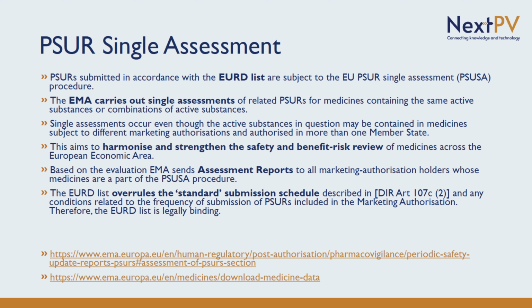This process aims to harmonize and strengthen the safety and benefit-risk review of medicines across the European Economic Area. Based on the evaluation, the EMA sends assessment reports to all marketing authorization holders whose medicines are part of the PSUSA procedure. The EURD list legally binds the submission schedule, overriding other conditions related to PSUR frequency.